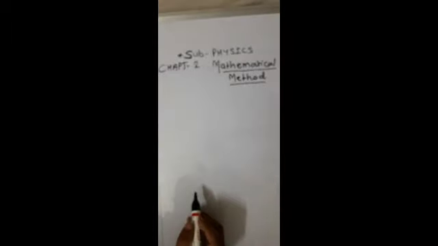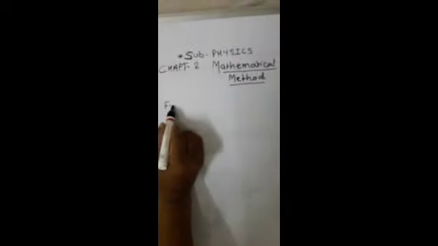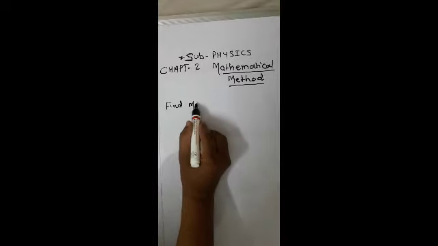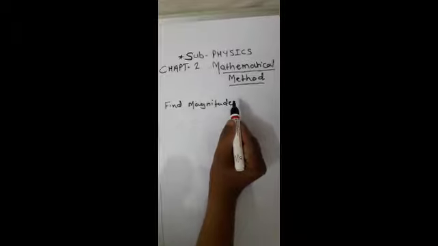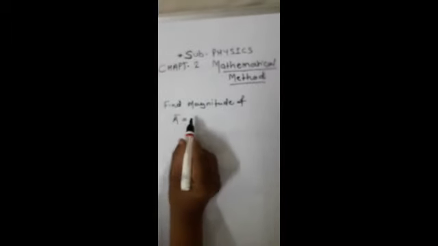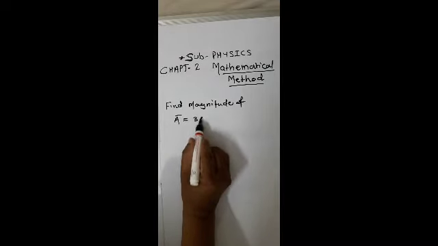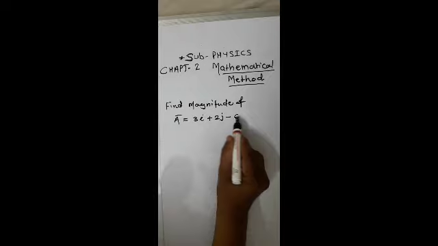Okay. First we have to take the first example. Find the magnitude of a bar, where a bar is equal to 3i plus 2j minus 6k.